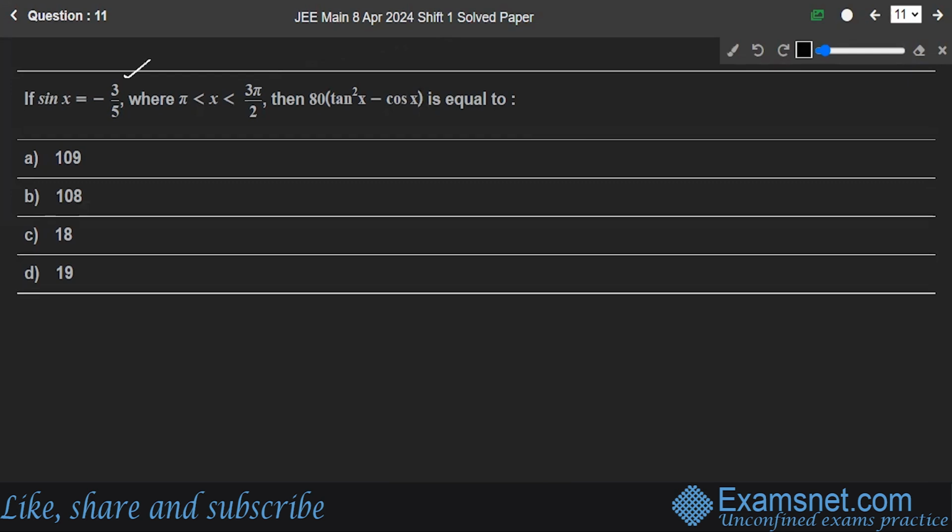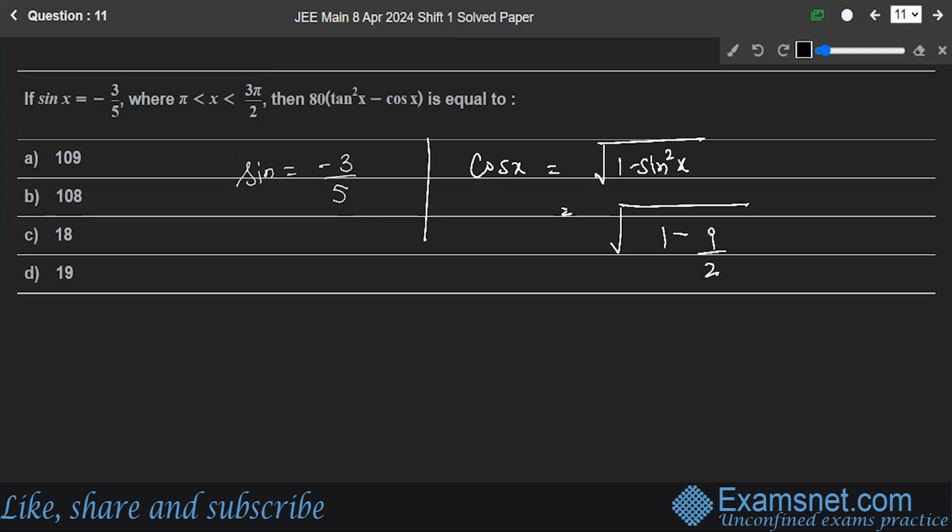So when you have sine x as minus 3 by 5, you know that cos x will be given by root of 1 minus sine square x. This is 1 minus 9 by 25, right?